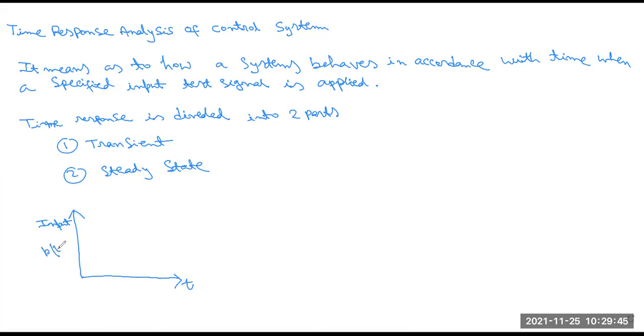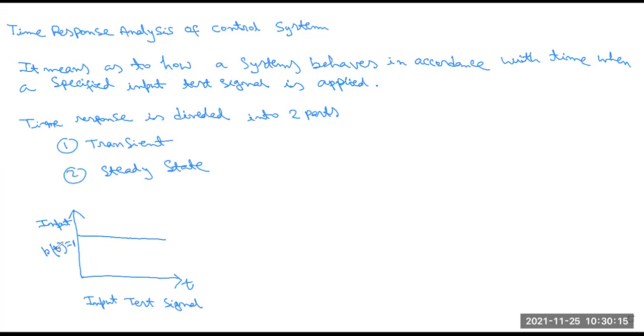In our transfer functions we represent the input function as r(t), which is a unit step input. This is the input test signal, the input of the first step.